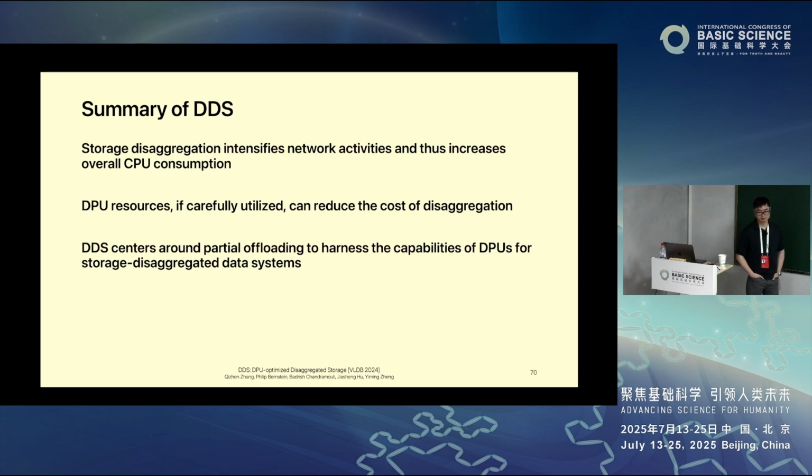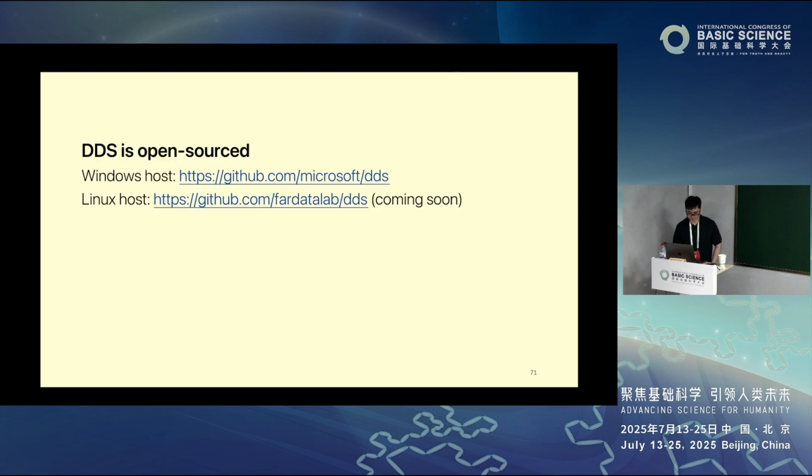In DDS, we propose partial offloading to utilize DPUs for the most suitable operations. We open sourced DDS, and this is the GitHub link to the repo at Microsoft. We also ported DDS to Linux. My students are still working on this.